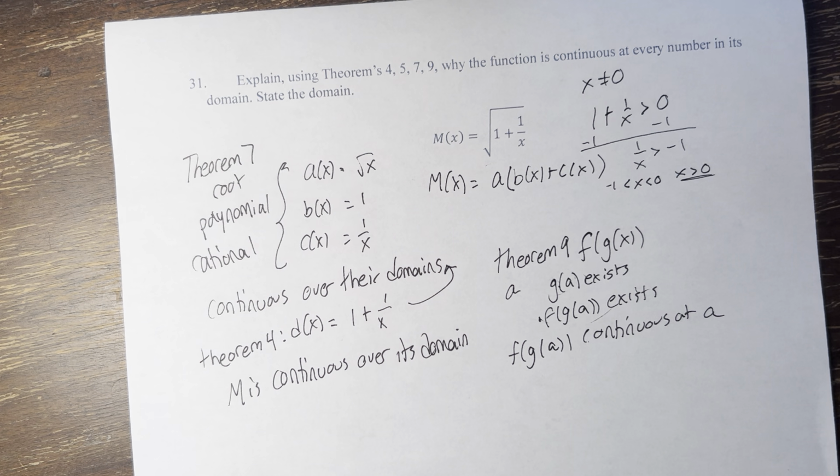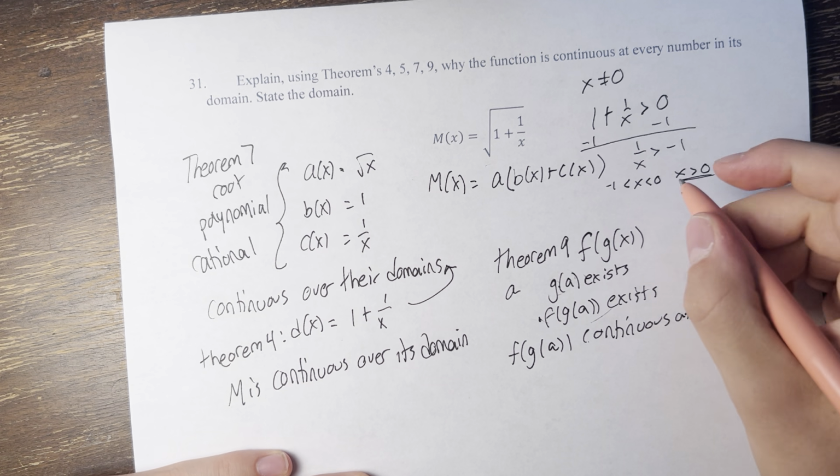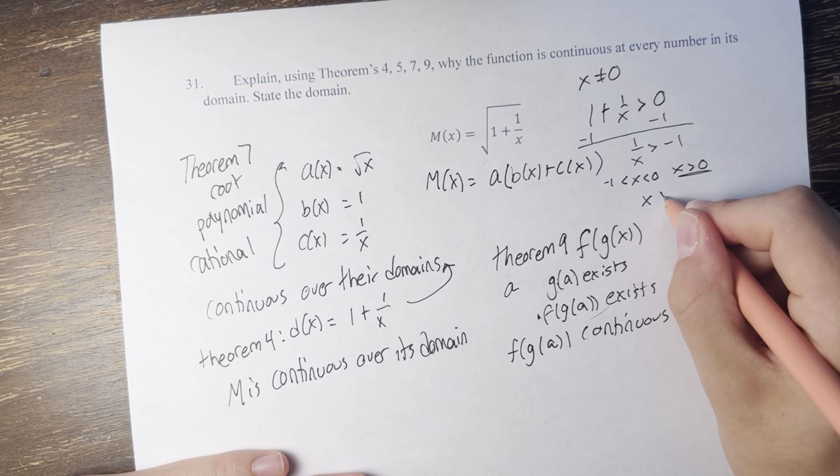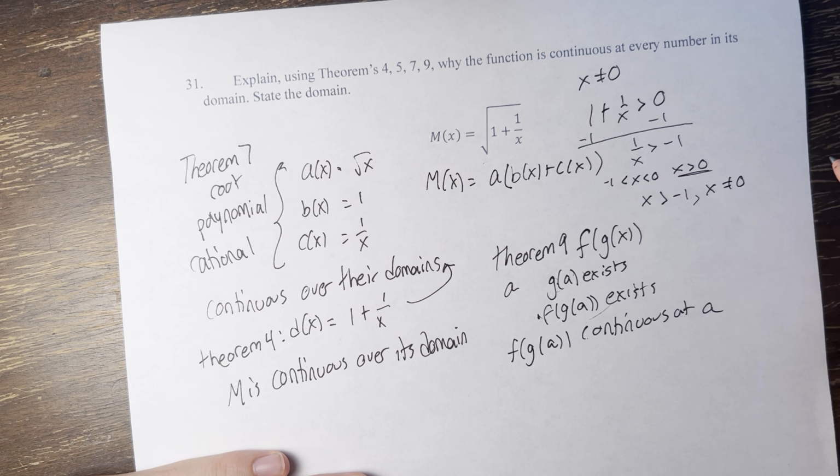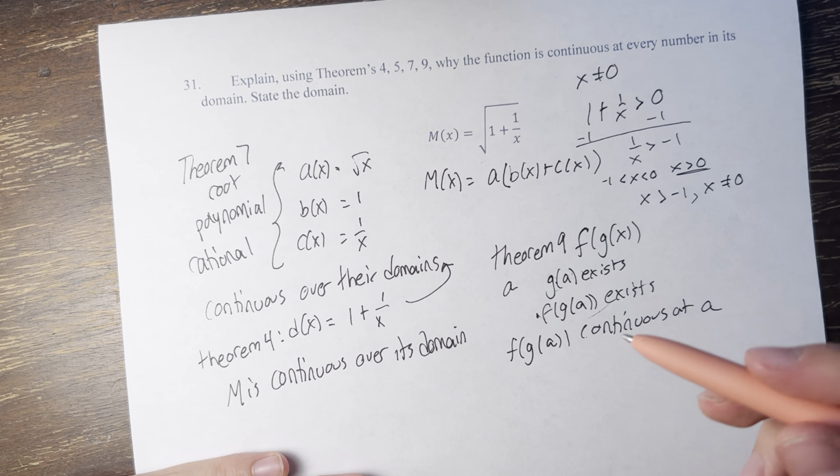So the domain restriction is basically that x has to be greater than -1, but it can't be 0. However, we already knew that x can't be 0, so that doesn't even matter.